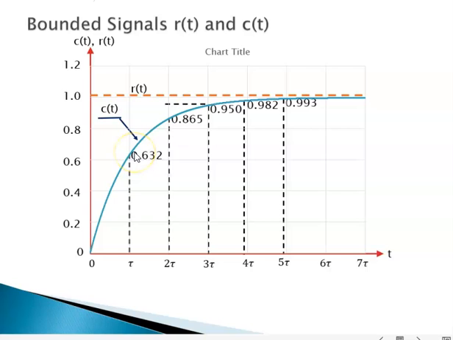Every value of C of t is less than 1.2. That is, there is a bound at 1.2. You can say 1.2 or 1.1 or whichever value greater than R and C. So this is a bounded signal, R of t and C of t.